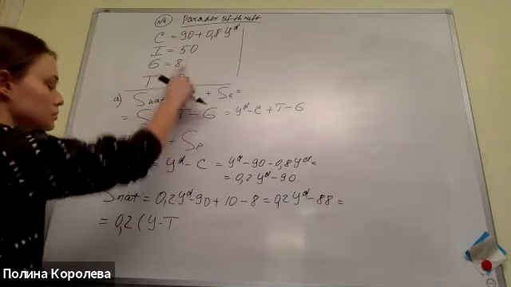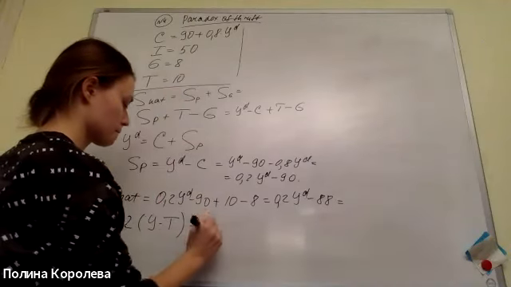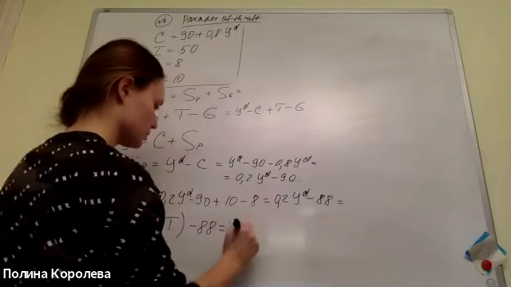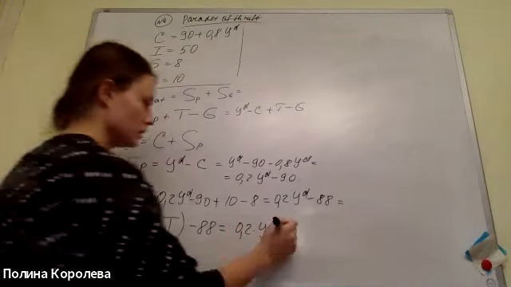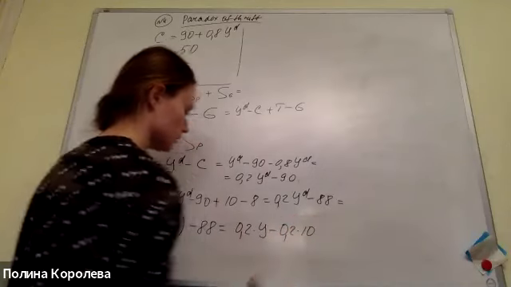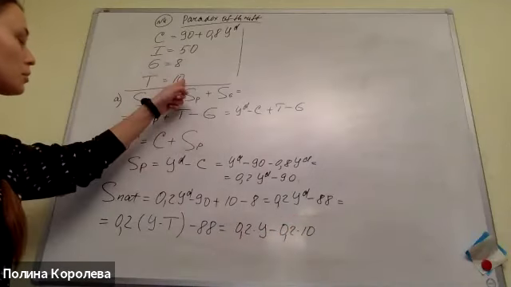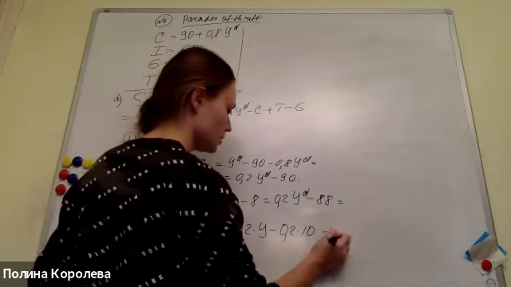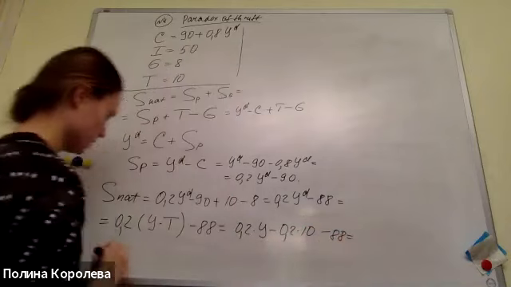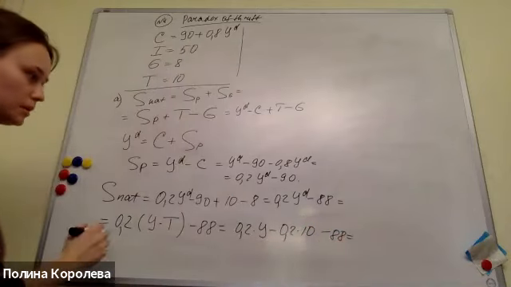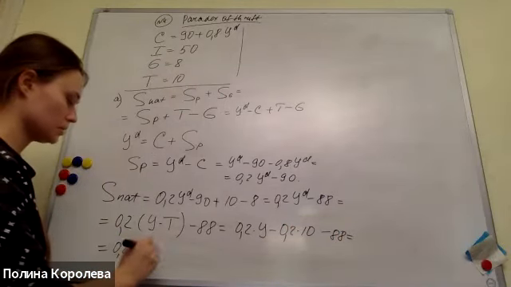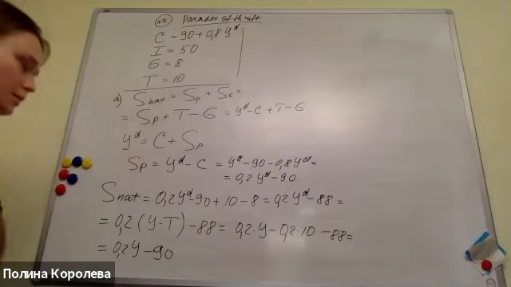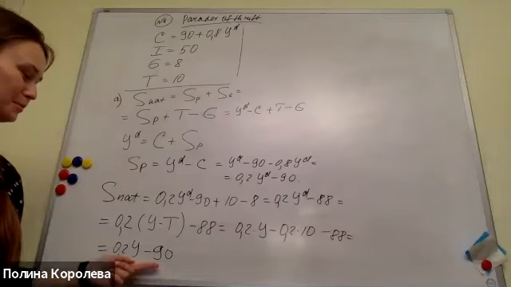And taxes we know. So this will be 0.2 Y minus 0.2 multiplied by 10. Taxes equal to 10 from our task. Minus 88. And national savings will be equal to 0.2 Y minus 90.